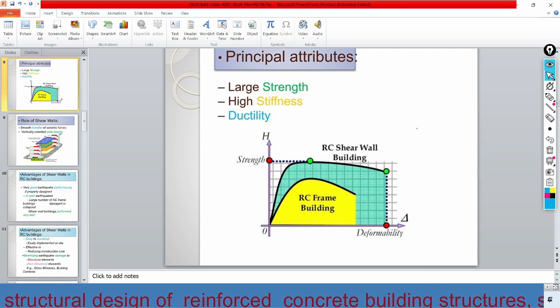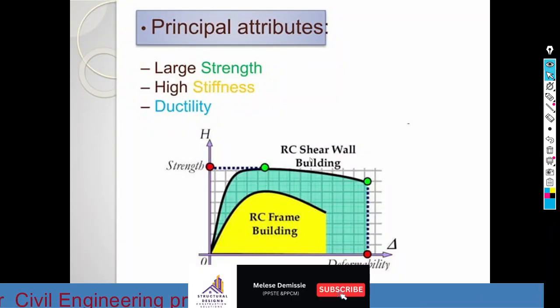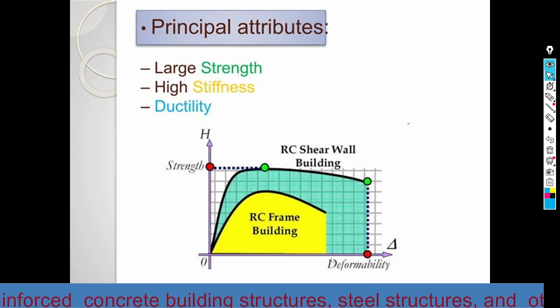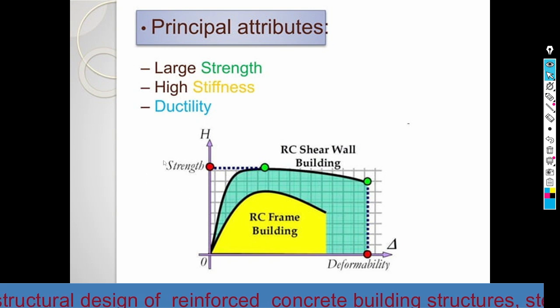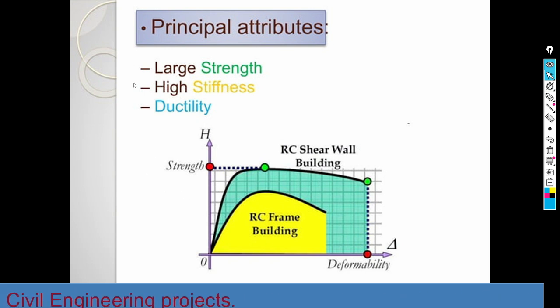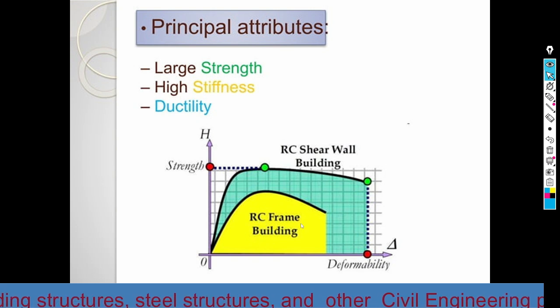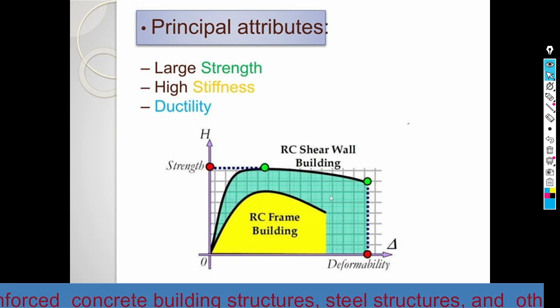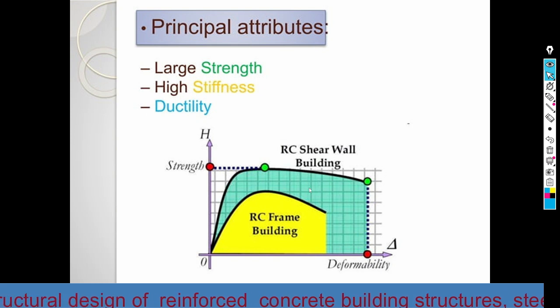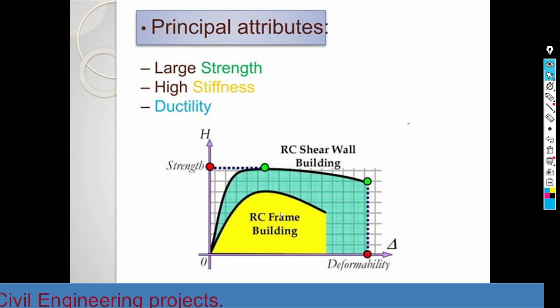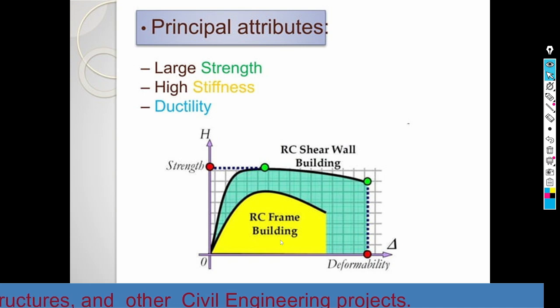Now this is the graph which shows the deformability versus the strength of the shear wall. Here the yellow color is the RC frame building, and here the other boundary, this one is for strength and this one is for stiffness.